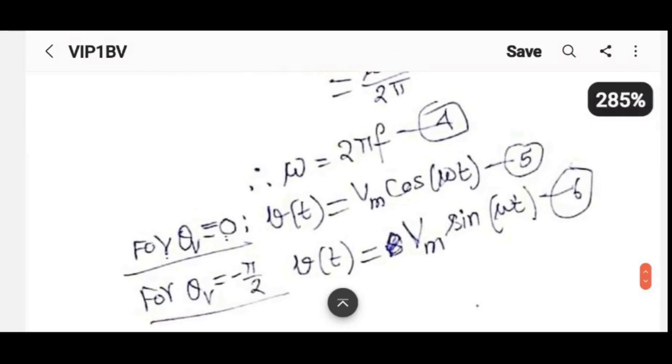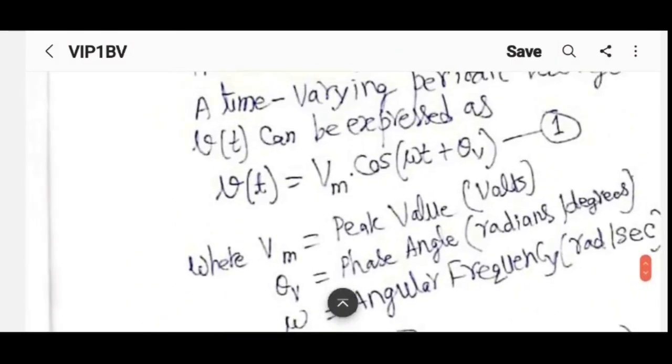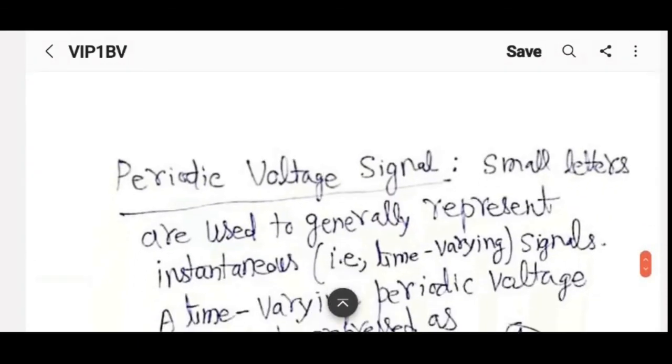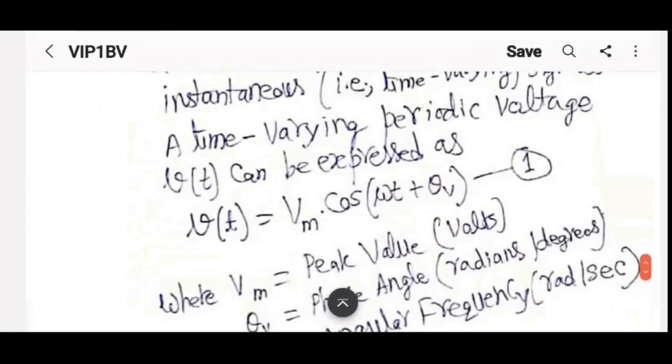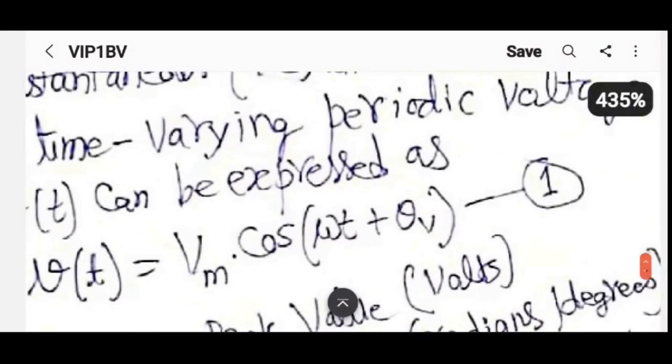If theta V is minus pi by 2, you'll get Vm sin omega t. You can check it out yourself. If I put theta V equal to minus pi by 2 in equation 1, I'll get small v equal to Vm cos omega t minus pi by 2. So cos omega t minus pi by 2, you can work it out yourself. It should turn out to be sin omega t.